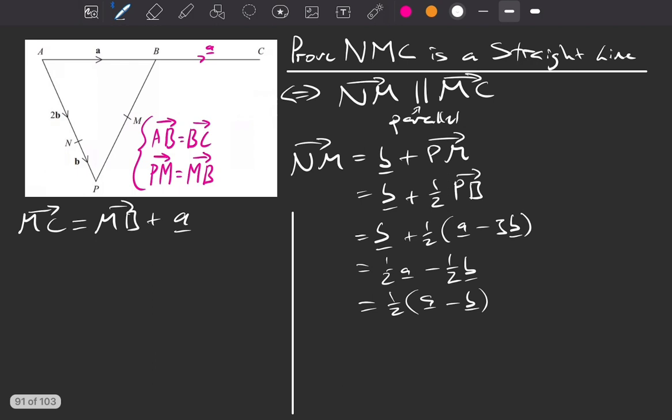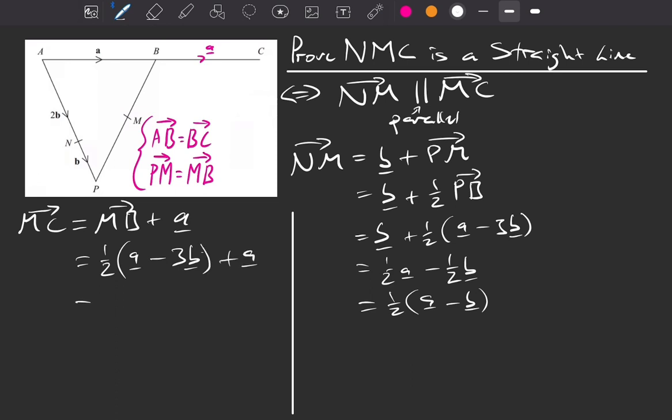Beautiful. So what is M to B? Well, we were told that M to B is P to M. And P to M, we've worked out up here, is actually all of this section down here. So it's a half of (A minus 3B). So M to B is a half of (A minus 3B). And we still have the plus A from before.